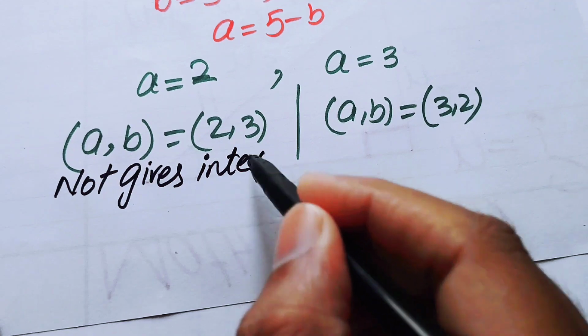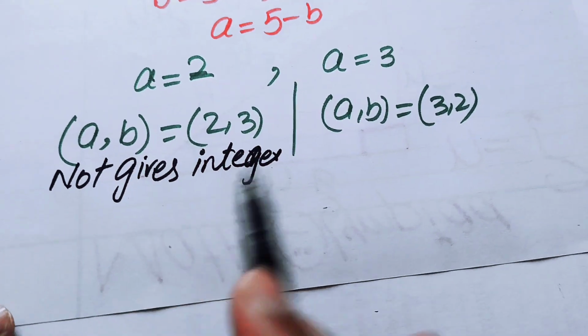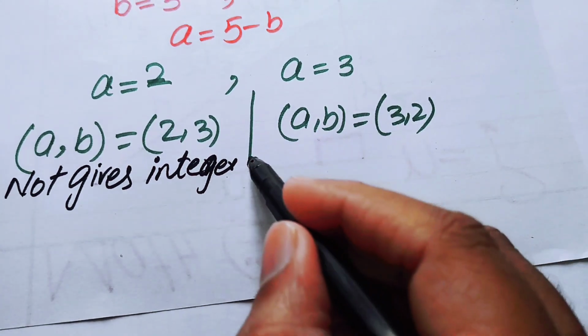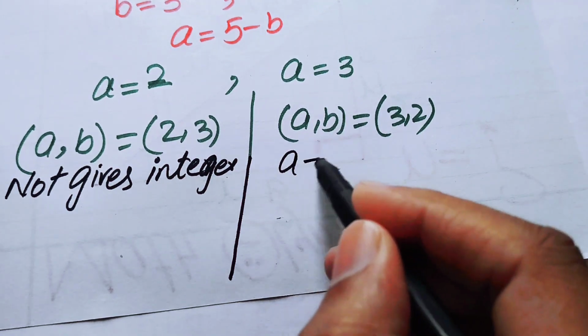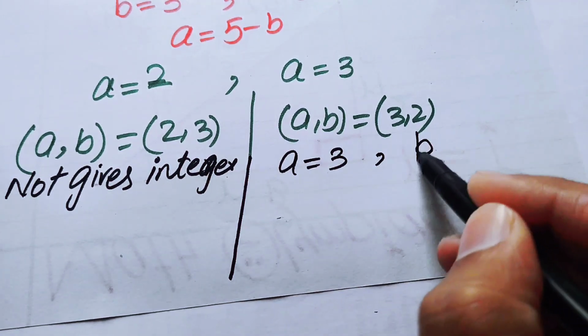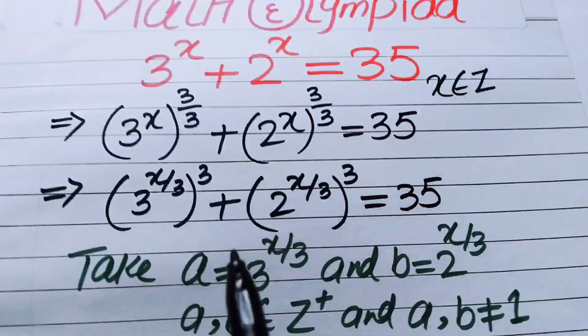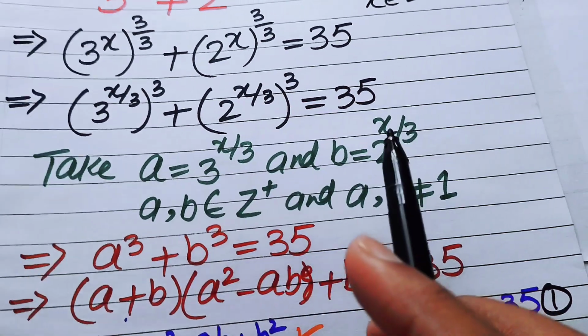If you put the value of a and b here, then you cannot get integers, and similarly here we put the values of a and b in this case, and you will easily get the integral value. So here you have a equals 3 and b equals 2, and at the start of the problem we took a equals 3 to the power of x over 3 and b equals 2 to the power of x over 3.